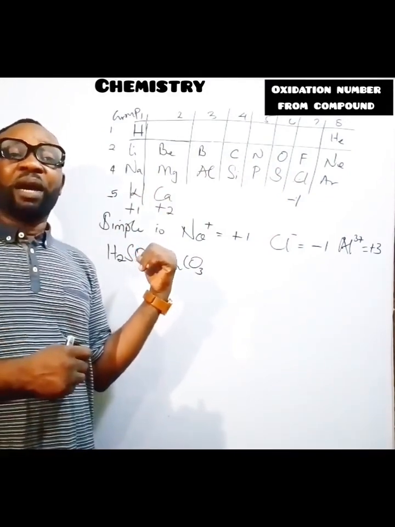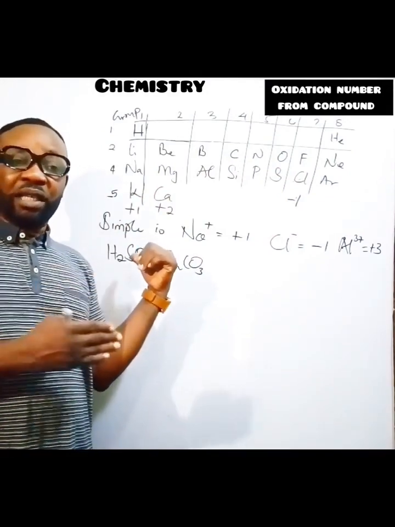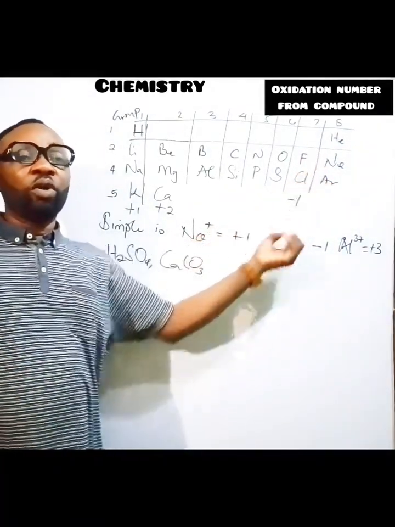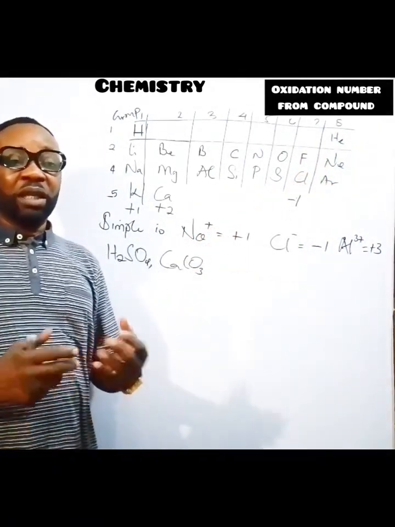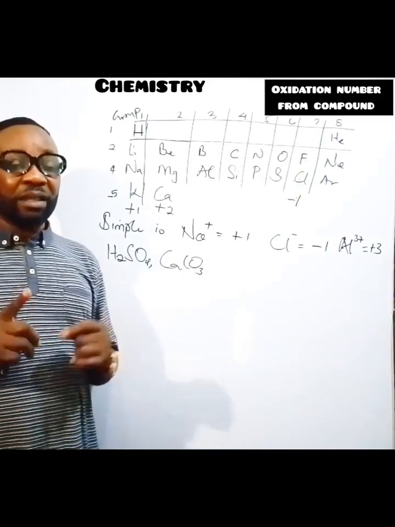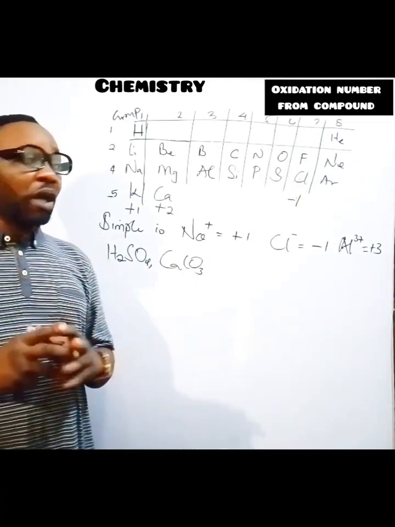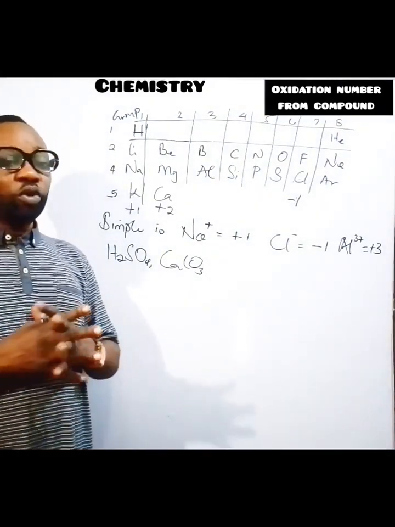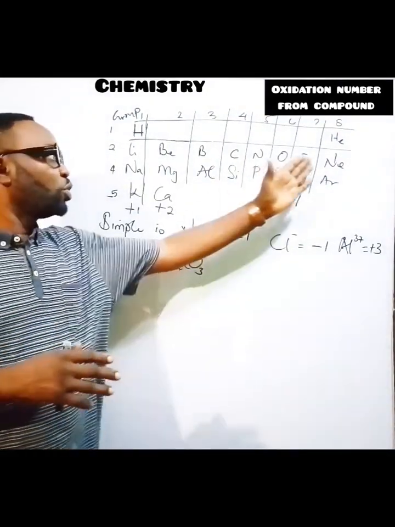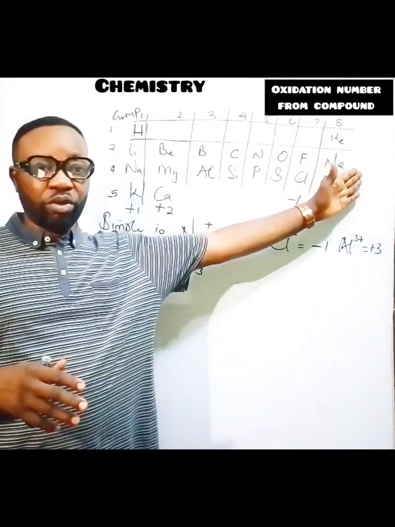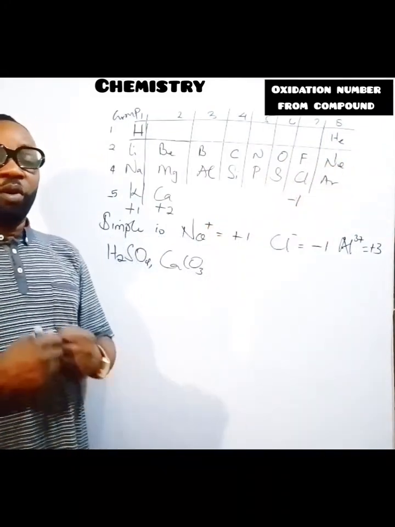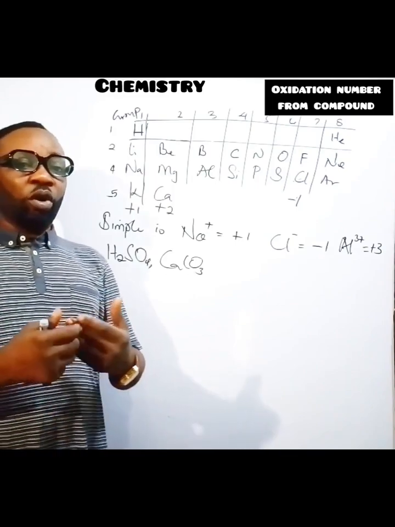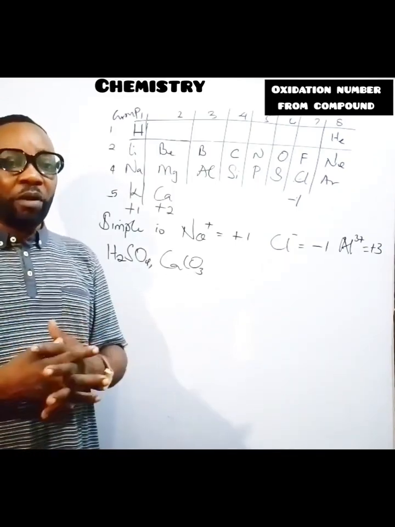Leaving behind 8 electrons at its outermost shell, and the one that the electron has been transferred to will also have 8 electrons in its outermost shell. That is the intention of most of the elements we have on the periodic table. All of them want to be stable. They want to attain the so-called octet structure so that they can be stable and be able to form a particular compound.